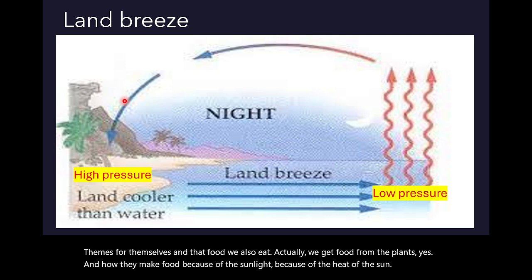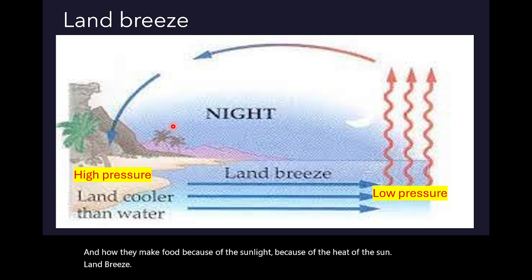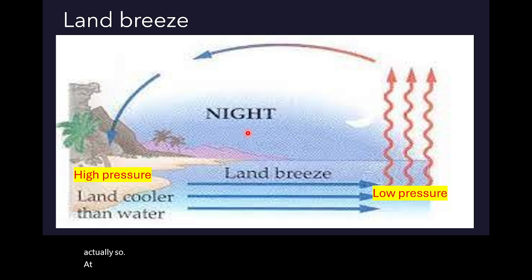Land breeze. Land breeze is the wind coming from the land towards the sea. What happens is, at night, the water takes more time to cool down.